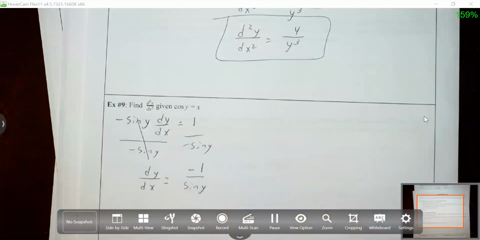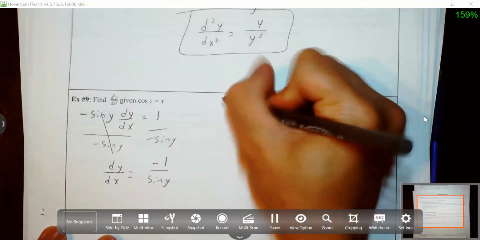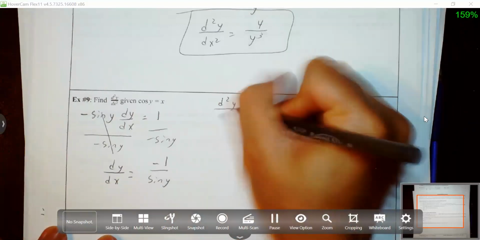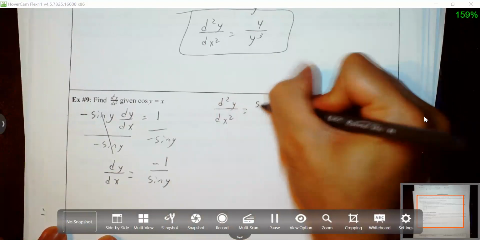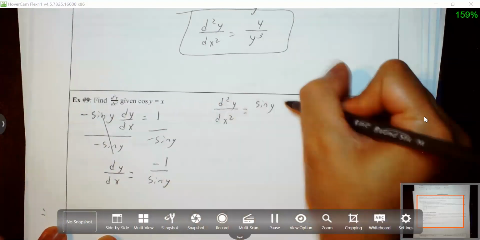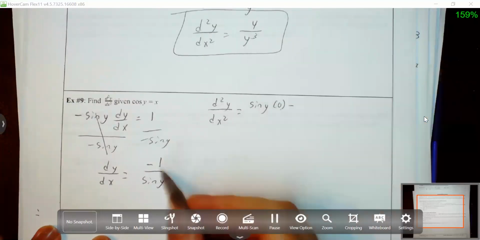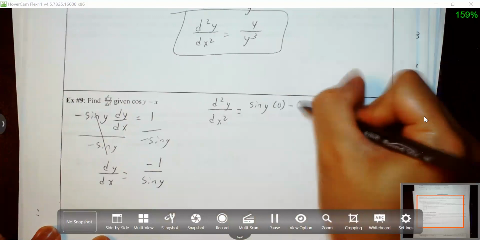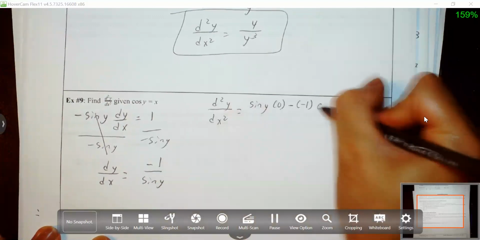Okay, so once again, we have this. So we have to take the second derivative here. Bottom times the derivative of the top is 0, minus the top, so the top is negative 1, times the derivative of the bottom, which is cosine y.